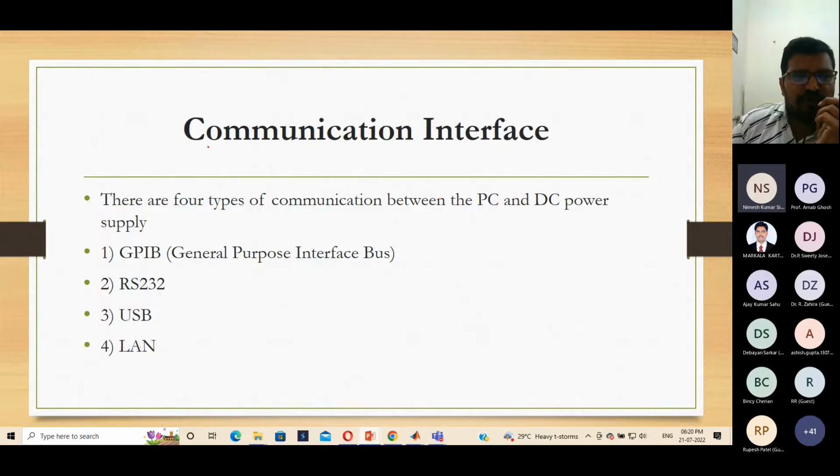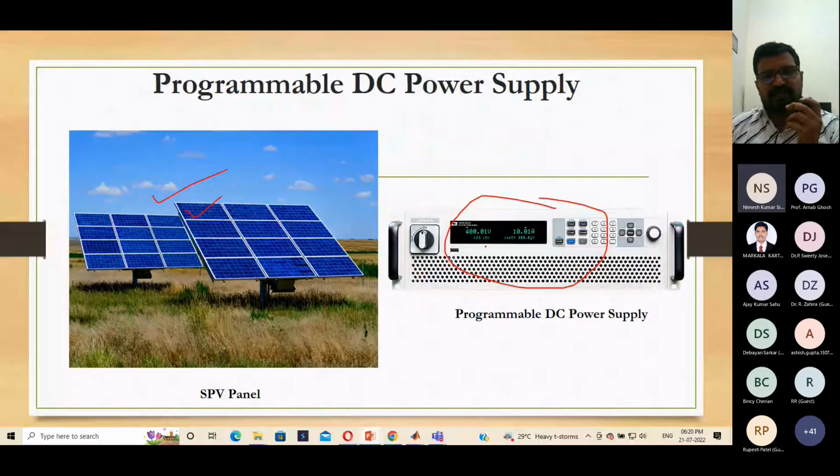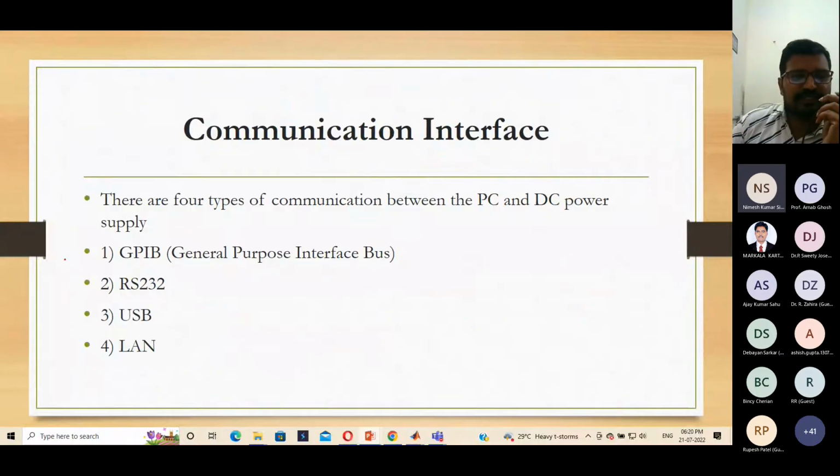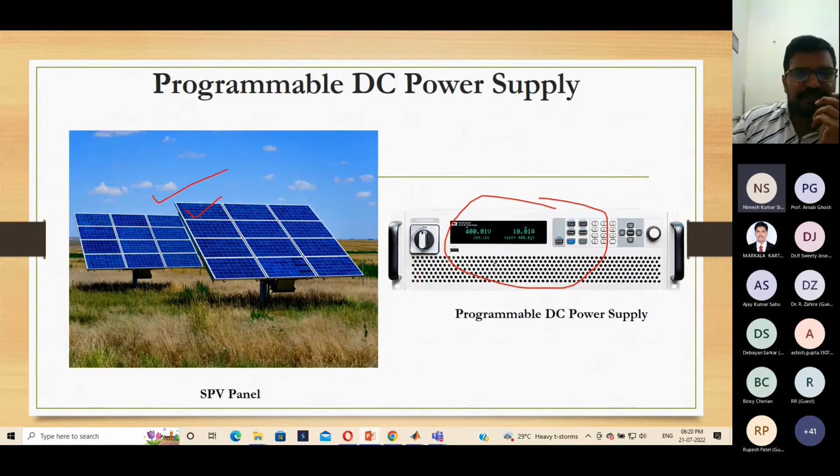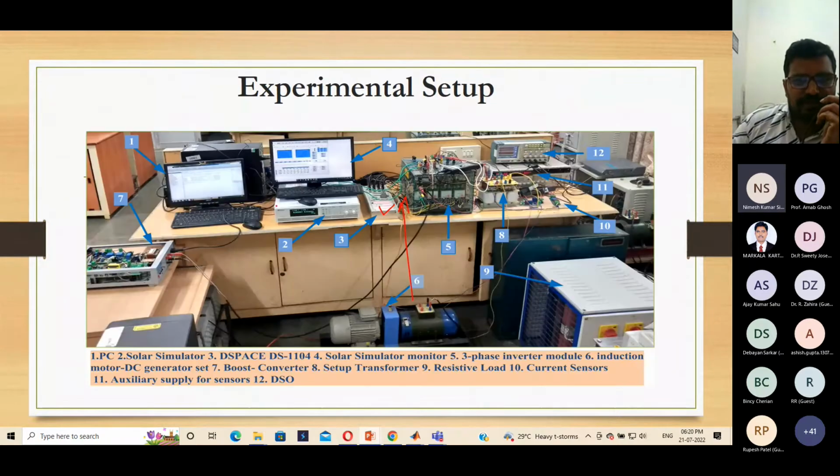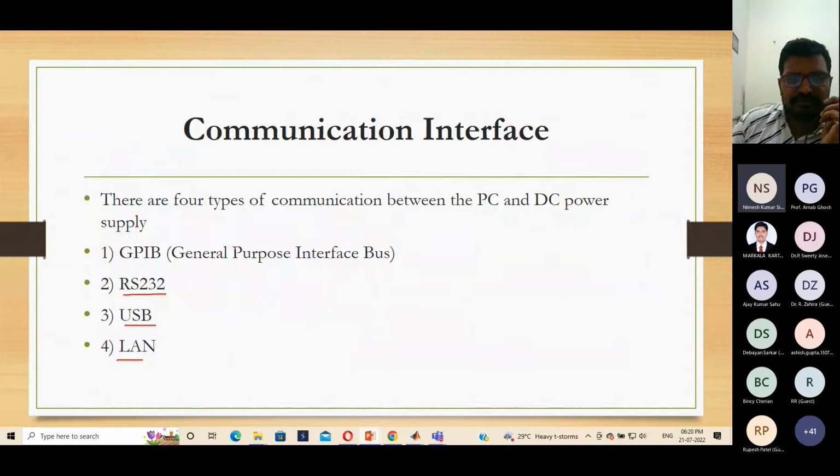There are four possible ways to interface this programmable DC supply with the PC. These are the four communication options: the general purpose interface, the RS-232 communication system, a USB connection, or a LAN connection. You can connect this programmable DC power supply with the PC in these four formats.